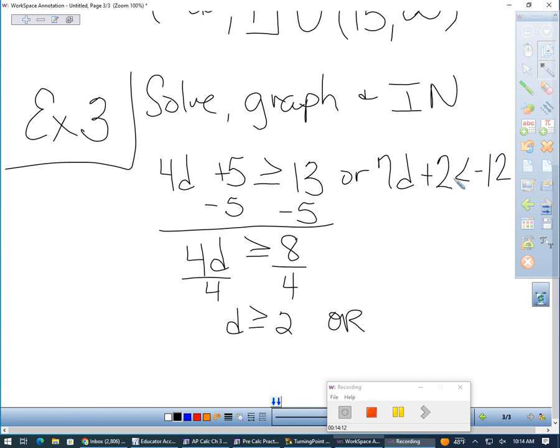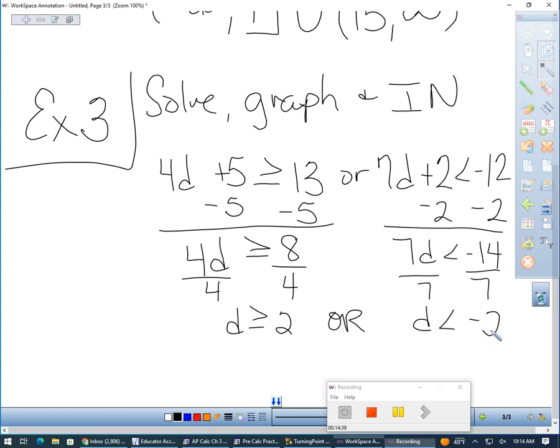Over here, I have to move the positive 2 to the other side by subtracting it. So I have 7d is less than negative 14. Divide both sides by 7, and we get d is less than negative 2.